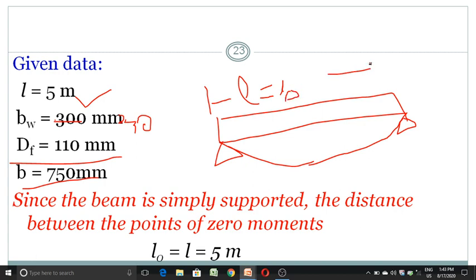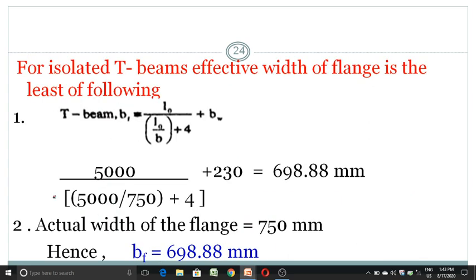The distance will be same. So since the beam is simply supported, the distance between the points of zero moments L0 equal to L, that equal to 5 meters.